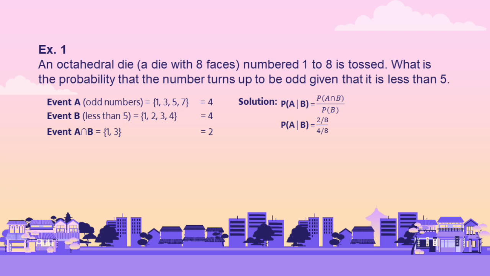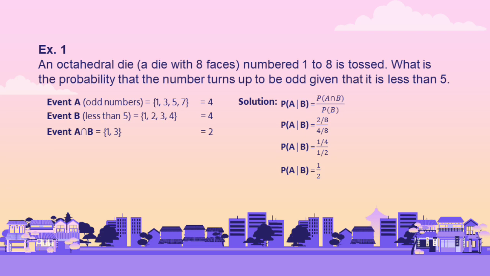We all know that in an octahedral die there are 8 faces, therefore there are 8 numbers in the sample space, making this 2 over 8. Next we have the event outcomes of B equal to 4 over 8, which is the sample space. And then we will be simplifying this one, resulting to 1 over 4 divided by 1 over 2. Then our final answer would be 1/2 or 50% is the probability that the number turns up to be odd, given that it is less than 5 in an octahedral die.